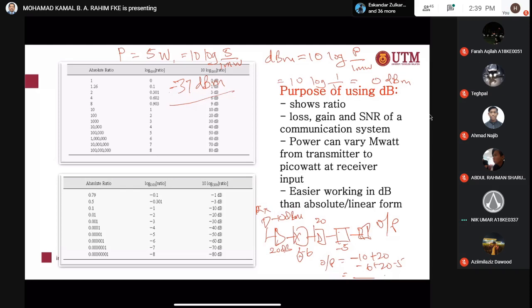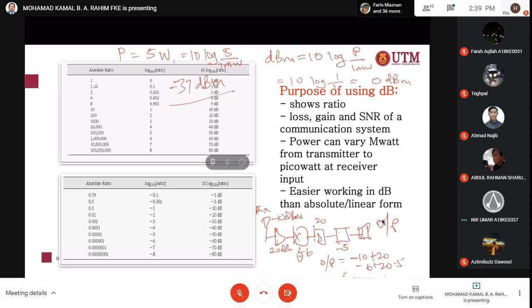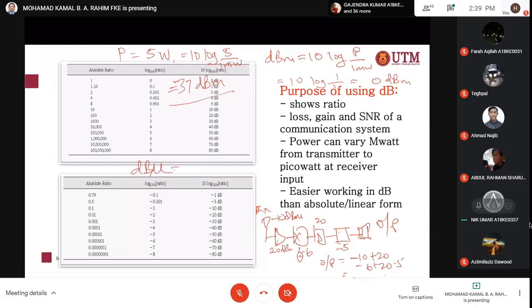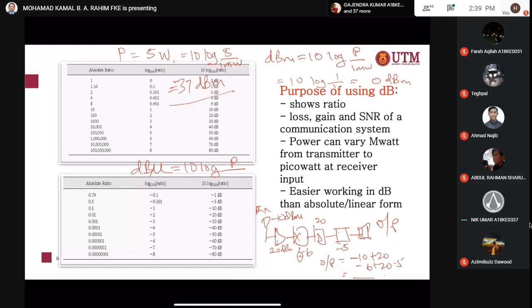So the same thing for others. Let's say for example you want to change to dBµ. dBµ is equal to 10 log of the power over 1 microwatt.